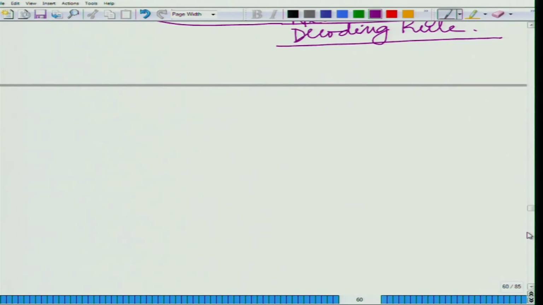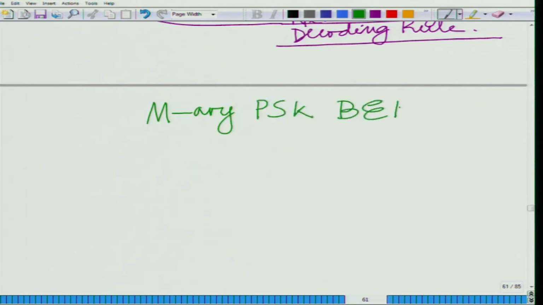Previously, for PAM, QAM, etc., we had an elegant way to look at the bit error rate. However, because of the nature of the decision rule, it is not very simple to find the bit error rate here, but we have a way to get around this.